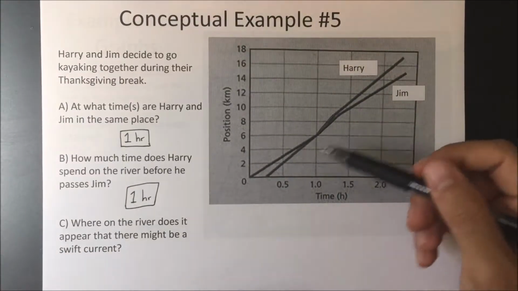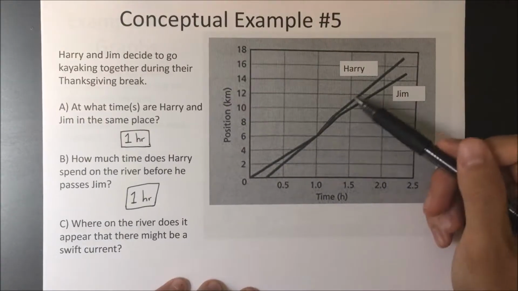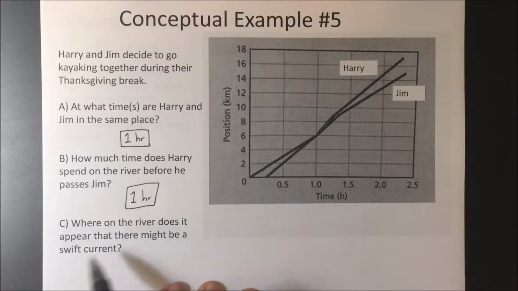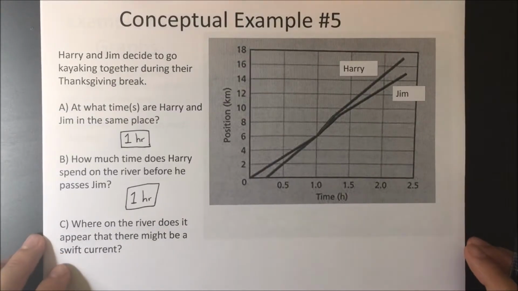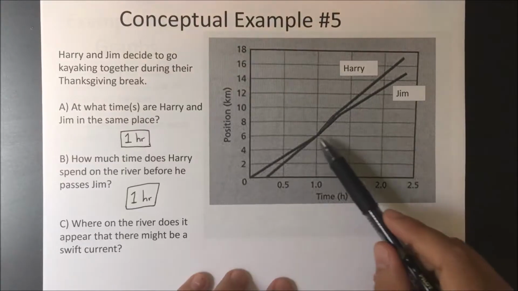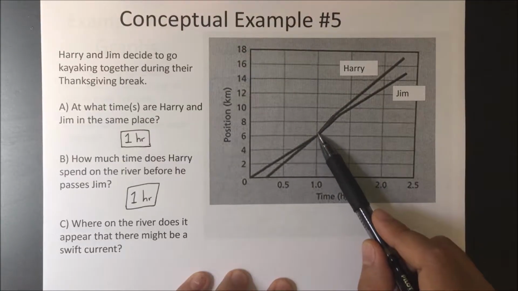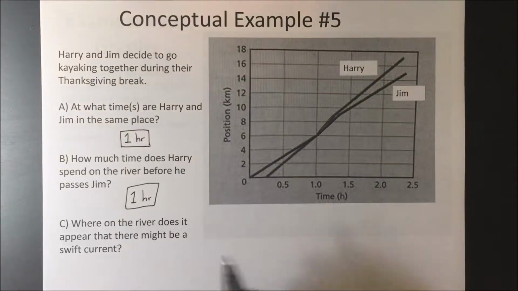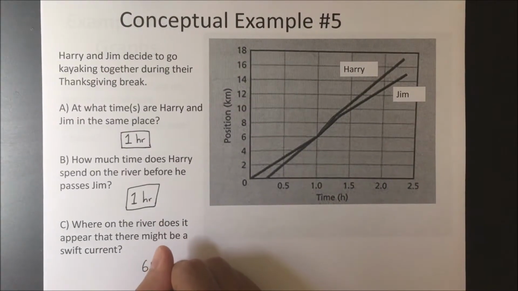So what this means is there's something that's making them both go faster. And if something is making them go faster, it might be the swift current. So we can say it's going from about the 6 kilometer mark to over here, the 9 kilometer mark. So I'm going to say 6 kilometers to 9 kilometers.